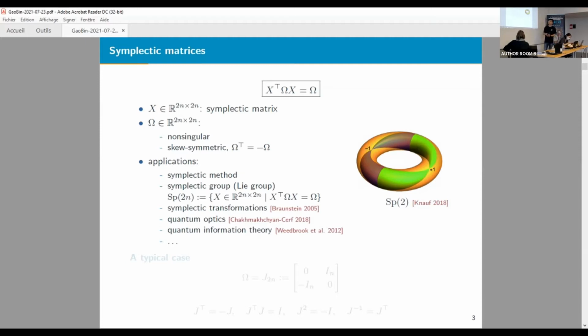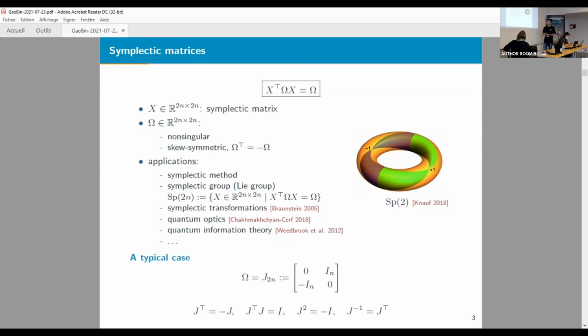Here we need to assume that Omega is non-singular and skew-symmetric, and then this matrix is called a symplectic matrix. This kind of matrix has many applications, such as geometric numerical integration, matrix decomposition, and also in quantum physics, like quantum optics and quantum information theory.